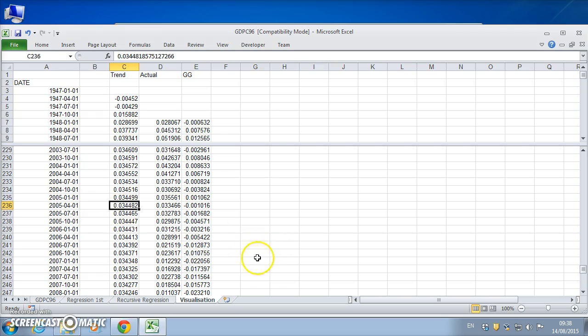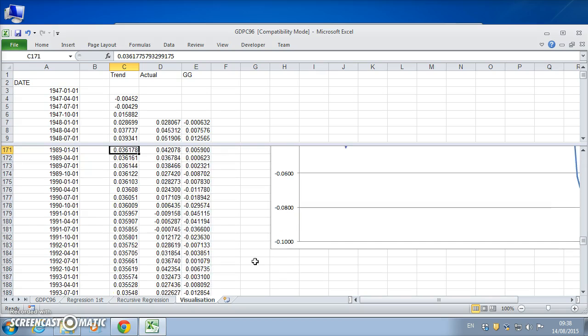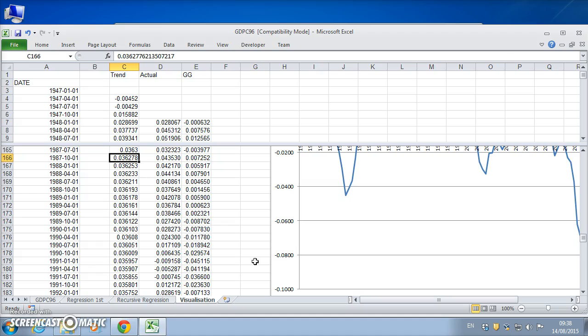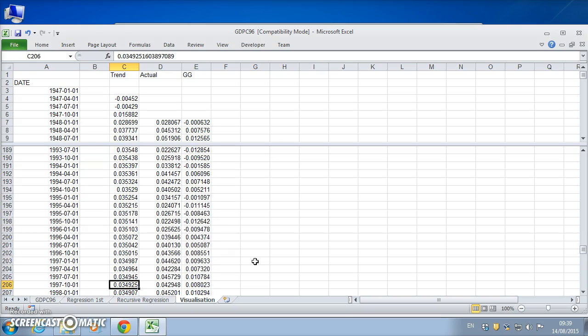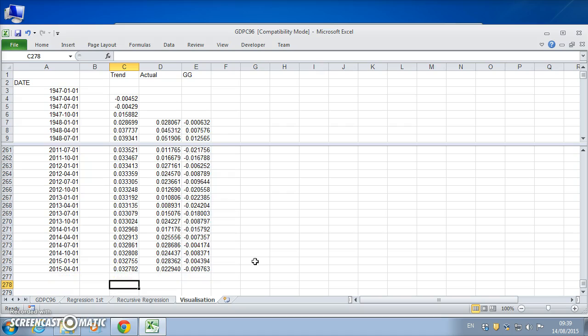If we look at the trend growth rate in GDP from 1947, from the early Greenspan period, 1987, it would have been around 3.6%, and it remained there, 3.5, 1996, the 2000s, dips to 3.4, remains at 3.4, 3.3, 3.3, 3.2.